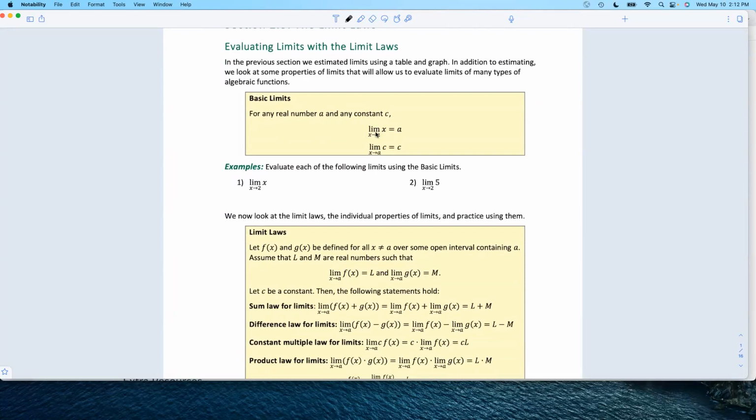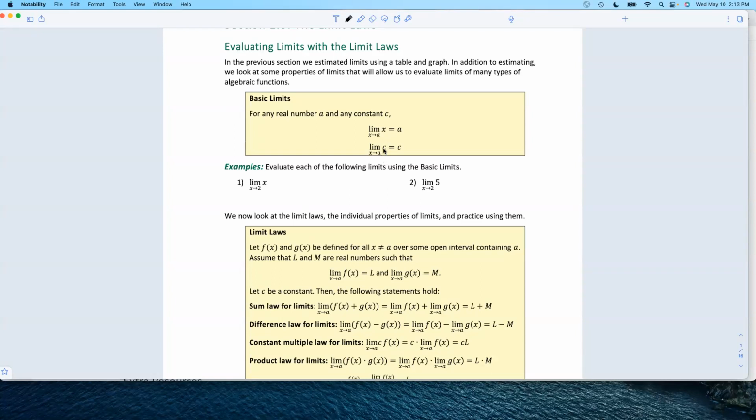The first one says the limit of x, that's your entire function, it's just x, as x approaches a. What does x approach? It should be obvious, it's just a. The second limit law says if you've got a constant function, if y always equals 5, then all your limits are 5.